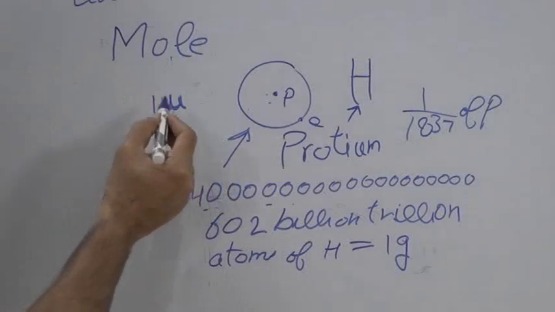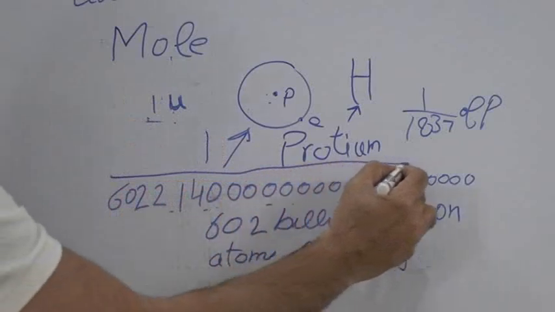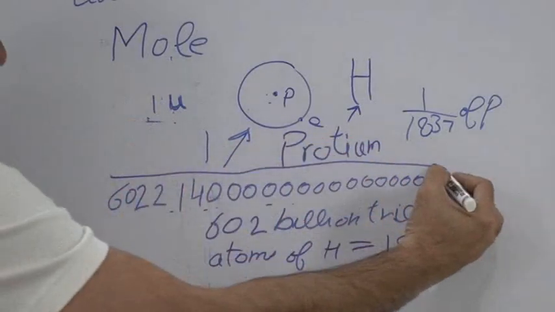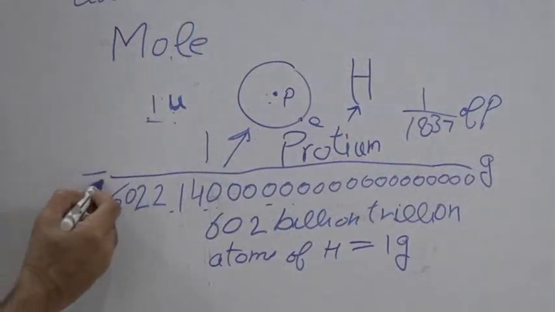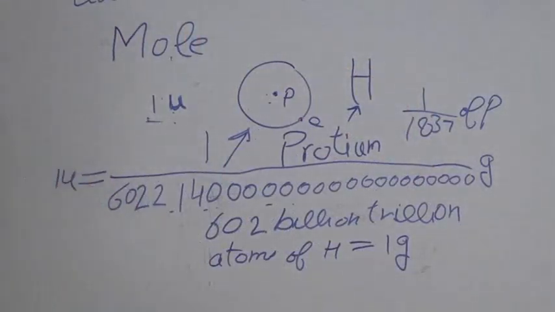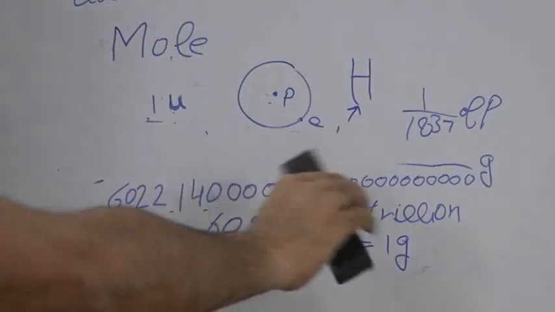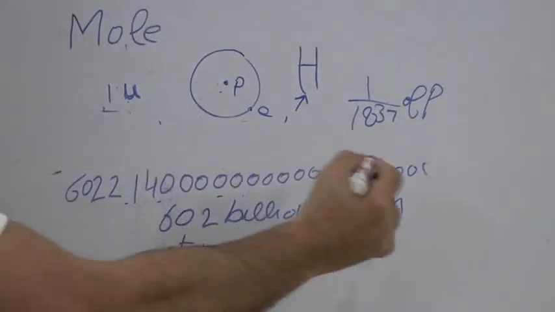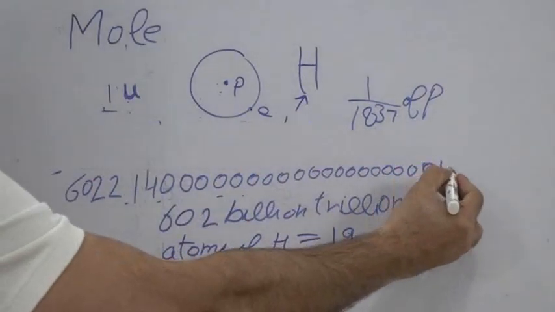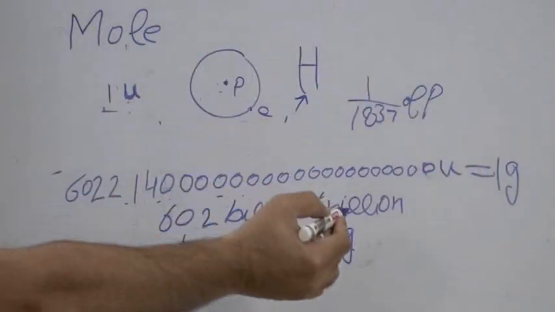And how much is 1 U? 1 upon this number of grams is equal to 1 U. Or in other words, this much number of U weighs 1 gram.